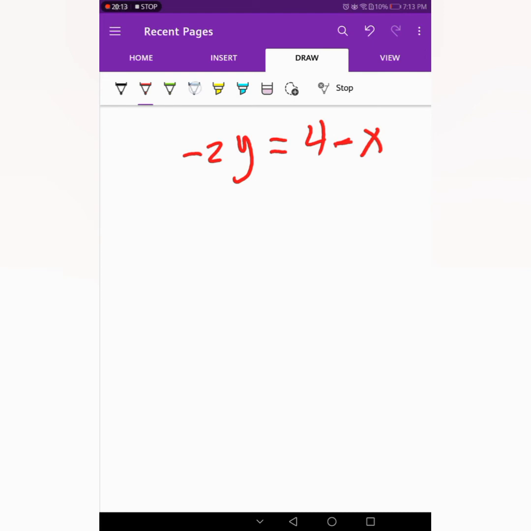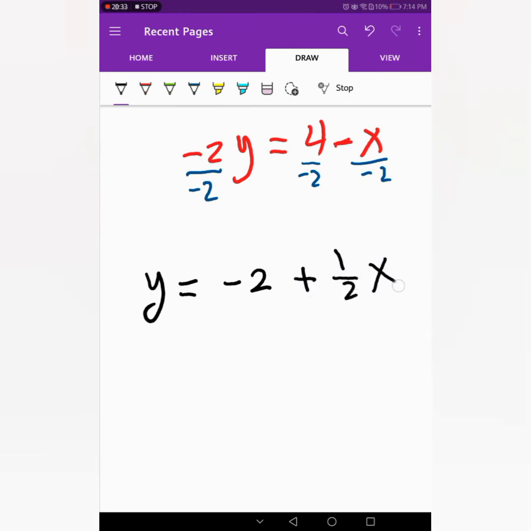Then I will divide by -2 all the terms. So the equation will be y equals -2 plus 1/2 x. So this is the slope. So he makes me dig to find the slope.